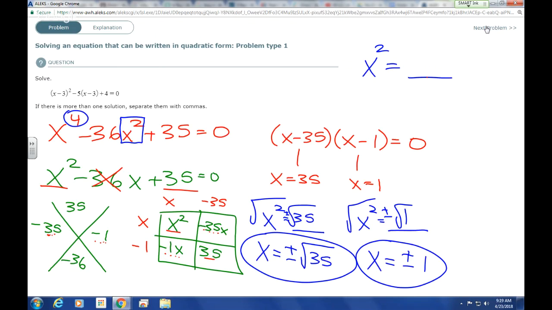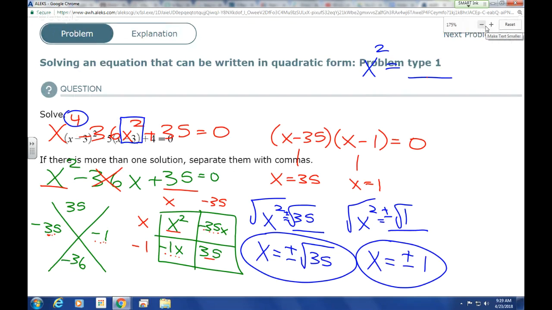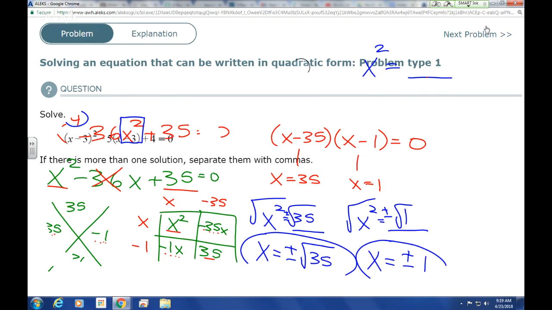So do me a favor and write this one down. I'll make it a little bit larger here. And make sure and keep it under the same problem type.